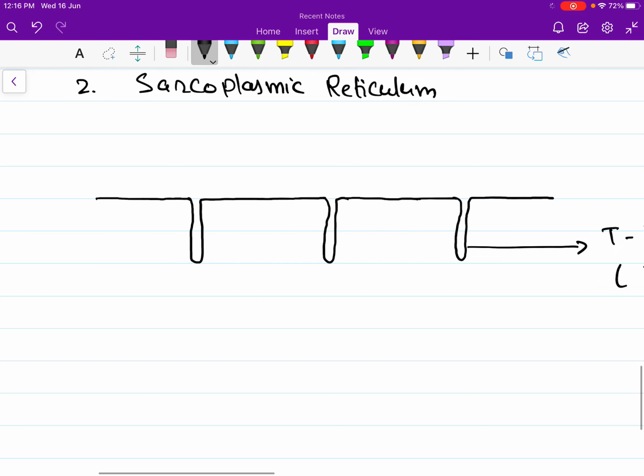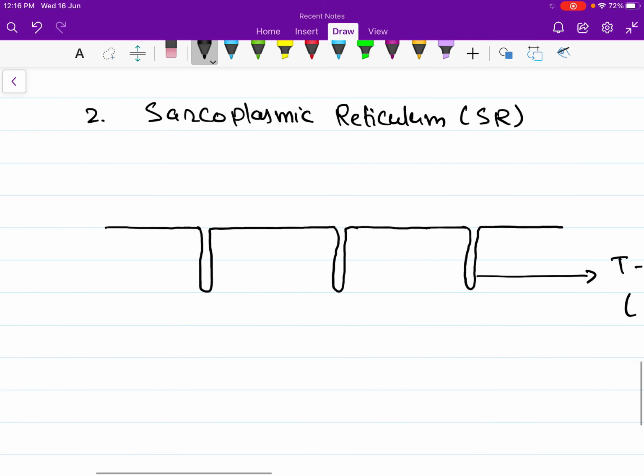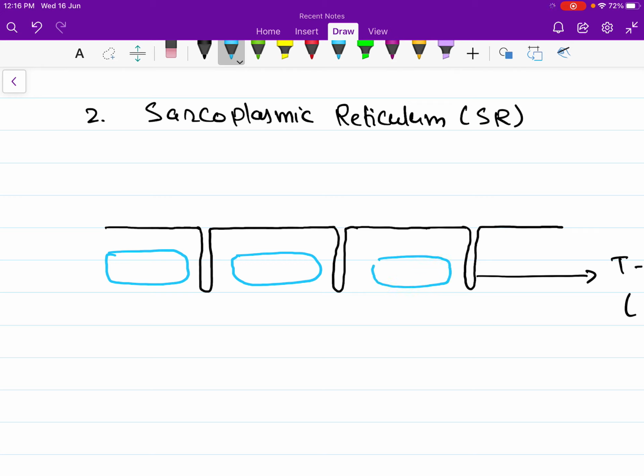Now the second is the sarcoplasmic reticulum. We can write it as SR. The cisternae of the sarcoplasmic reticulum are present between these T-tubules. In other words, each T-tubule will be flanked by the cisternae of the sarcoplasmic reticulum.